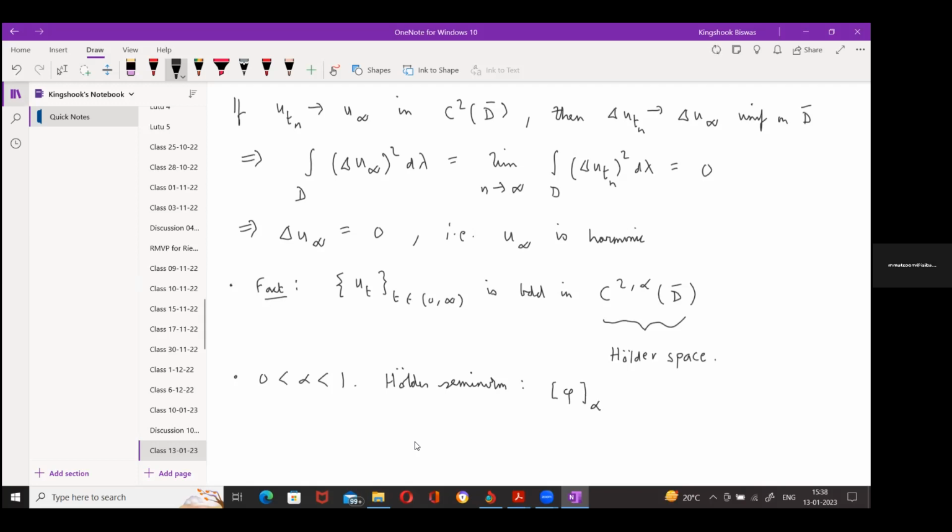It is defined to be the sup over x, y in D, x not equal to y, of mod phi(x) minus phi(y), over the distance between x and y to the power alpha.